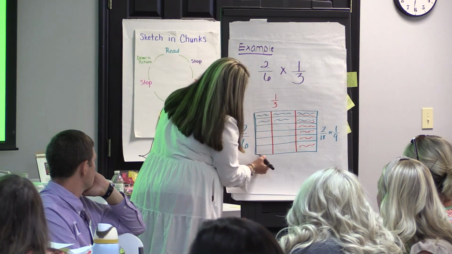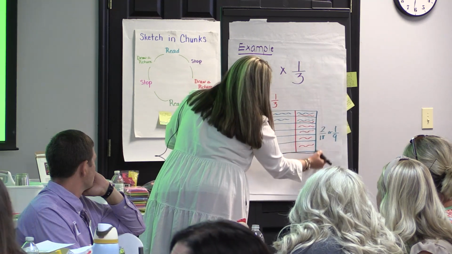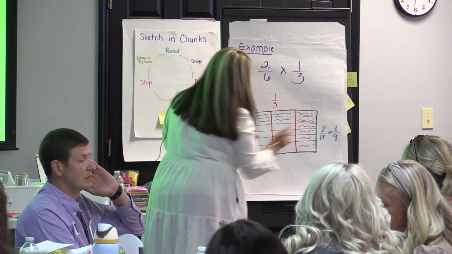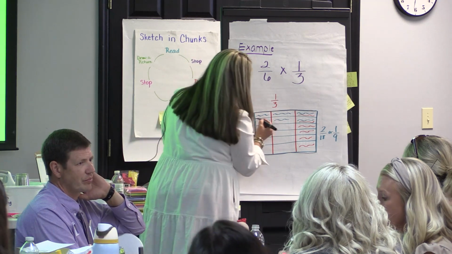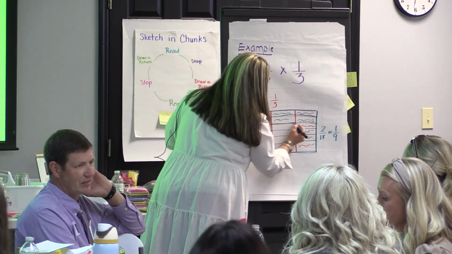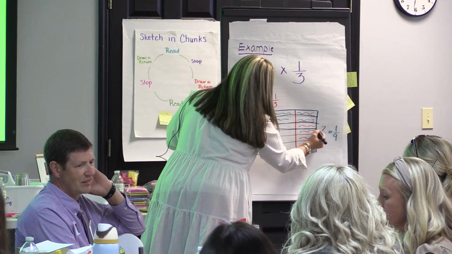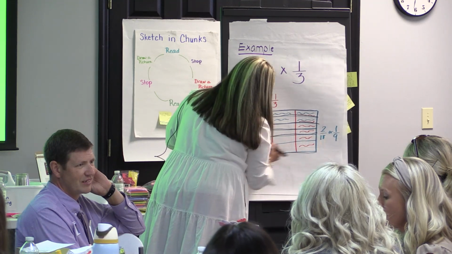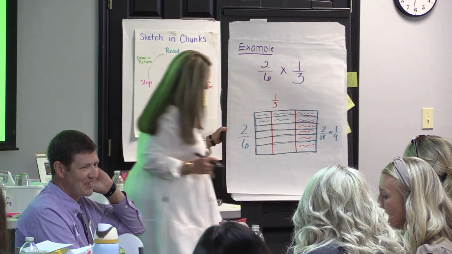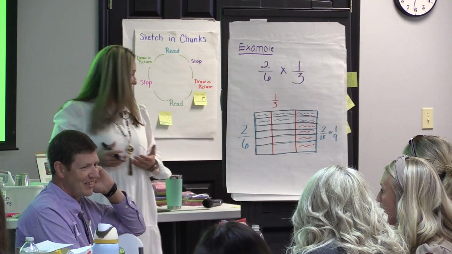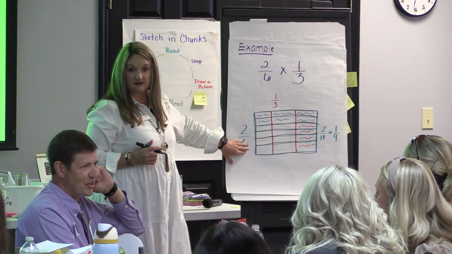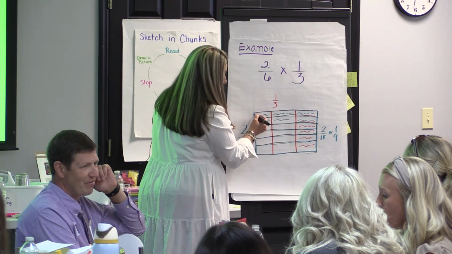So I build my model here. Okay, so there's my model, and then I'm going to divide it into 6 parts. Okay, so I divided that into 6 parts, and I have 2/6, so I'm going to mark out 2 parts of that, right?